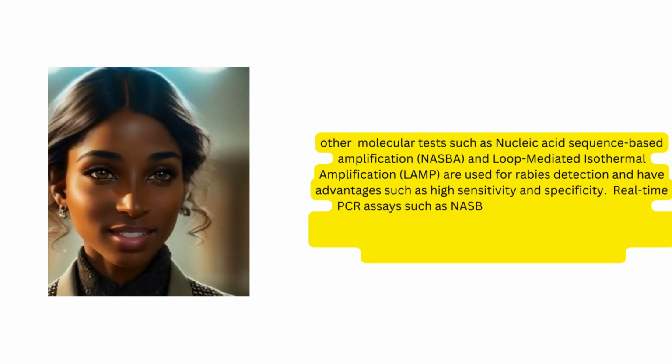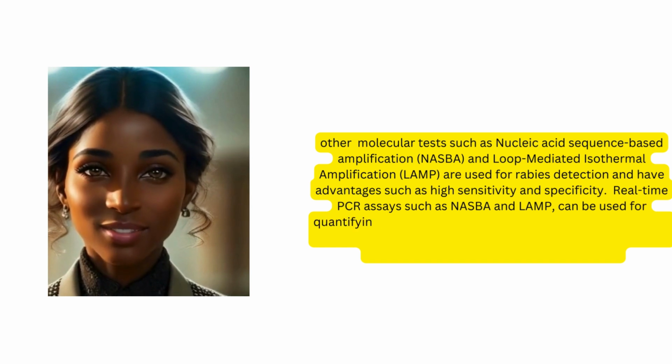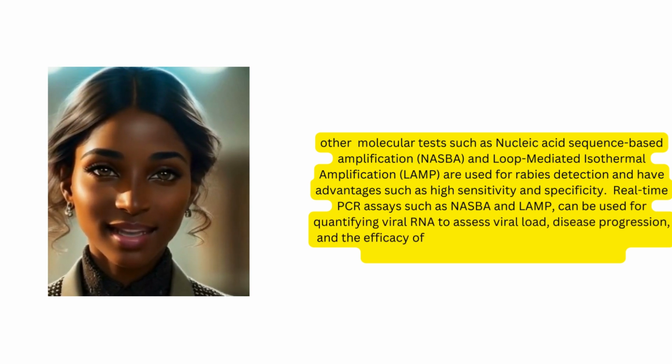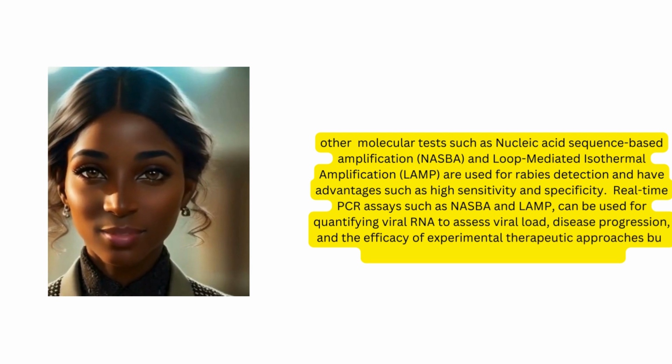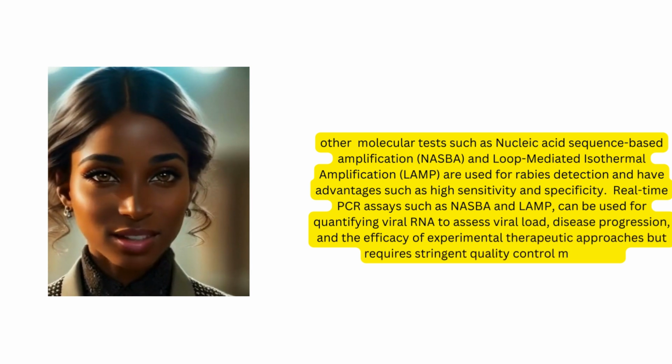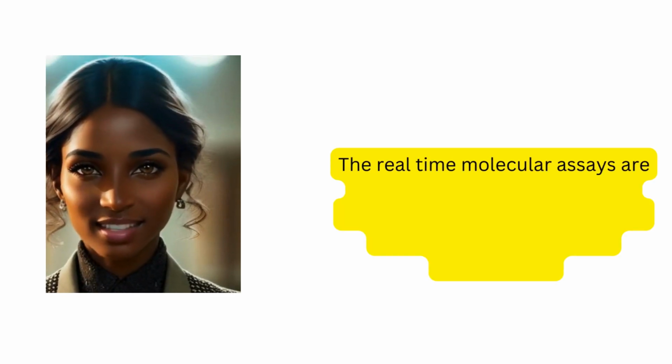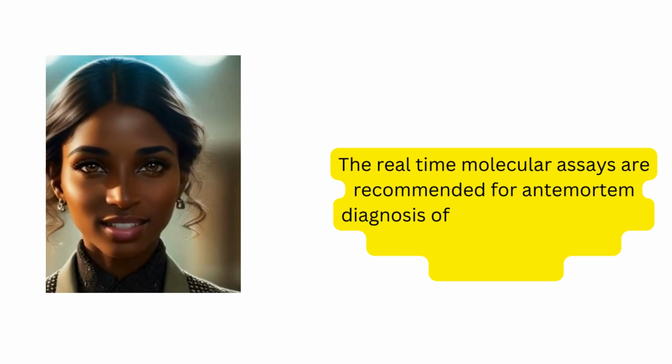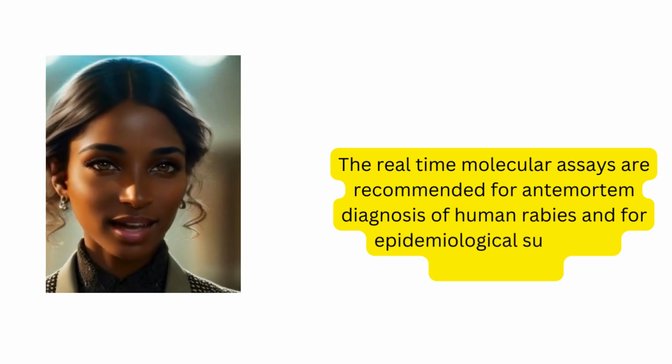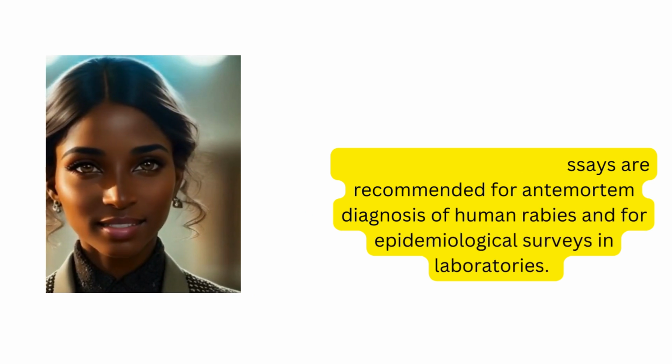Real-time PCR assays such as NASBA and LAMP can be used for quantifying viral RNA to assess viral load, disease progression, and the efficacy of experimental therapeutic approaches, but require stringent quality control measures. The real-time molecular assays are recommended for antemortem diagnosis of human rabies and for epidemiological surveys in laboratories.